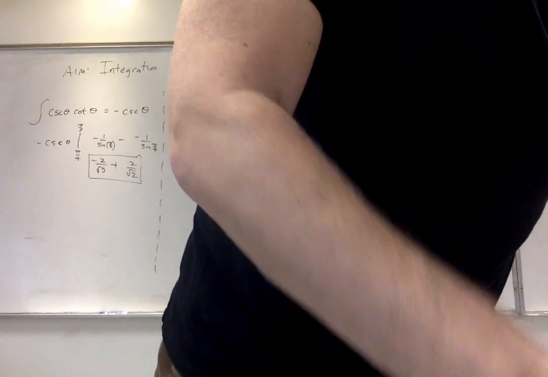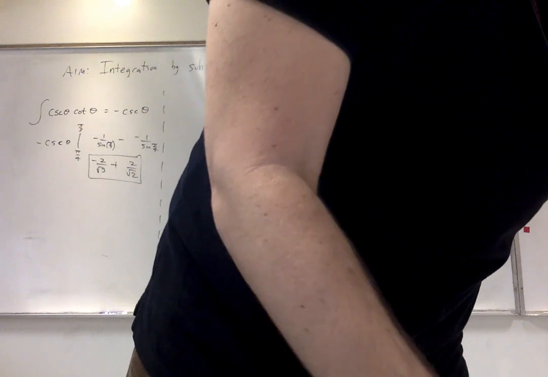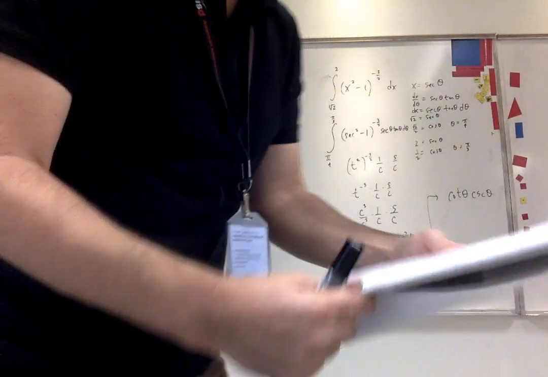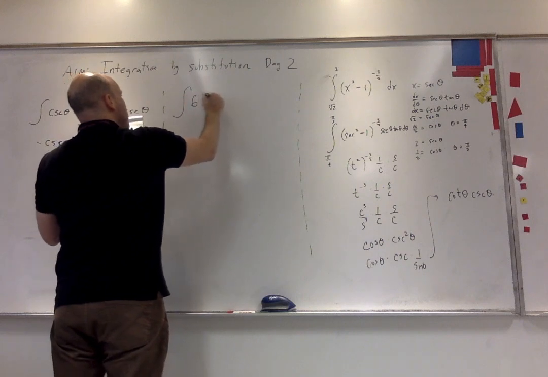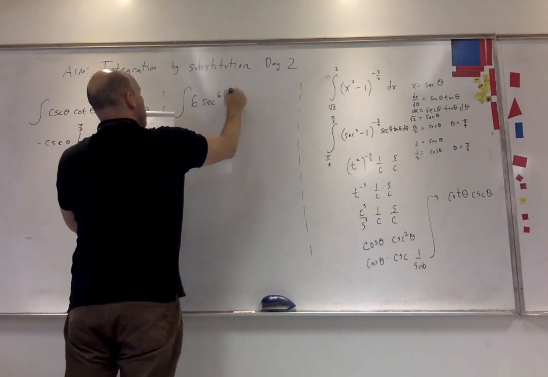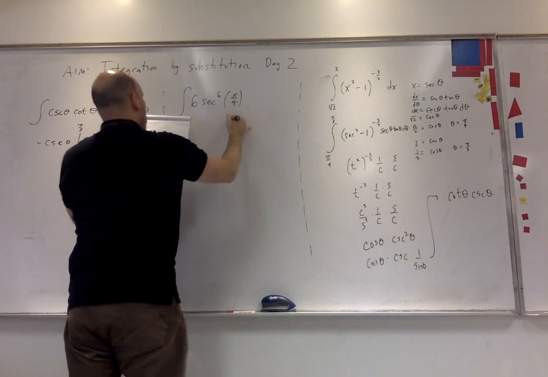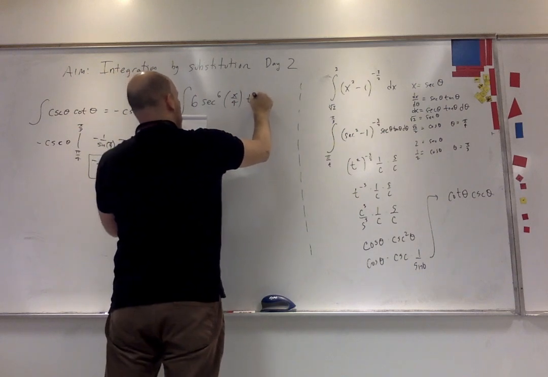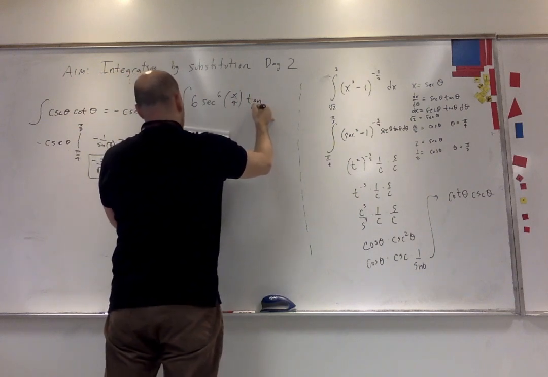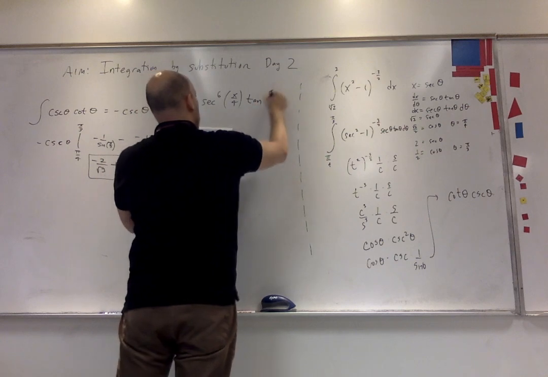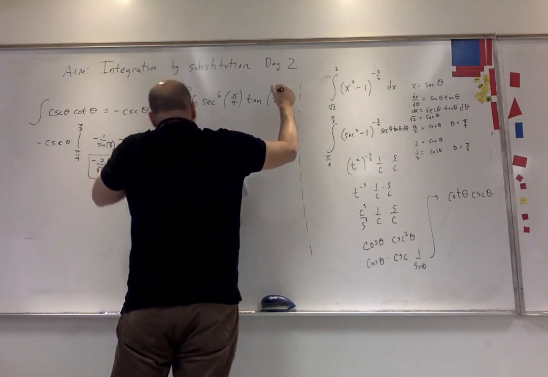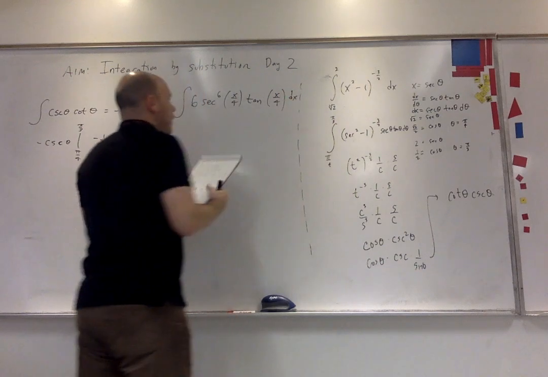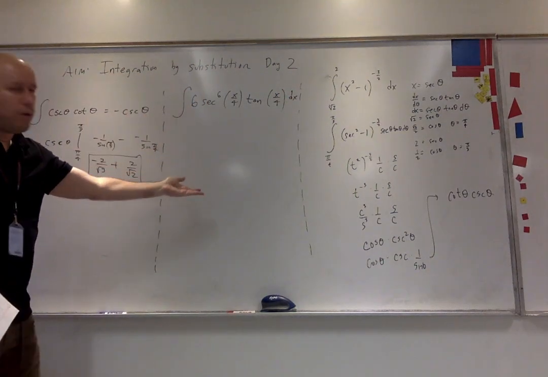And the question is, sorry guys, it's the integral of 6 secant to the 6th of x over 4 times the tangent of x over 4 dx. So the question is, how do you deal with this?